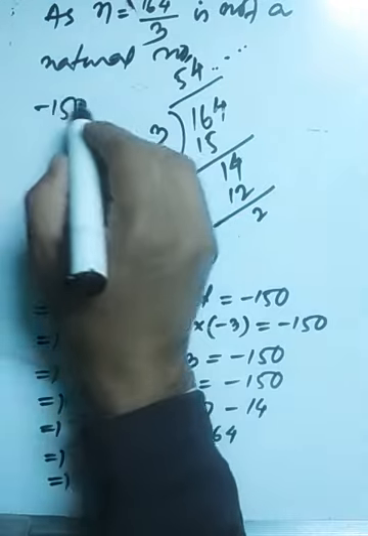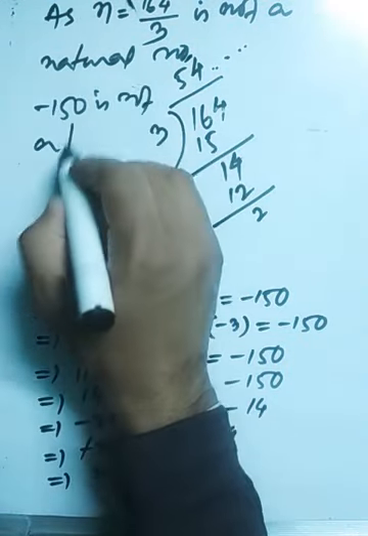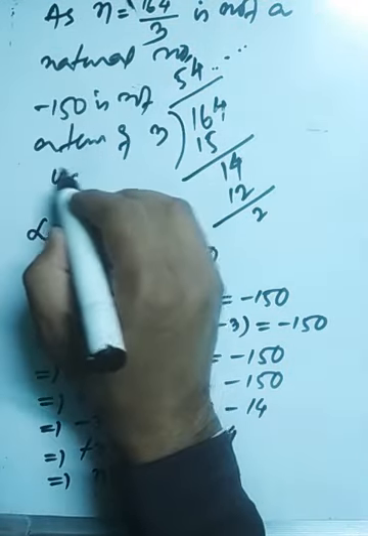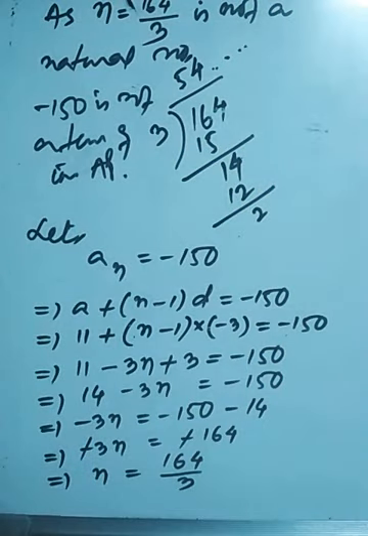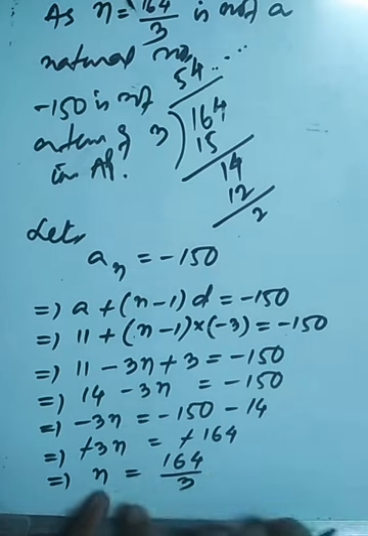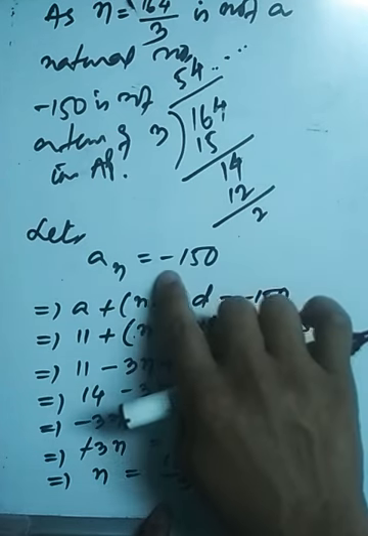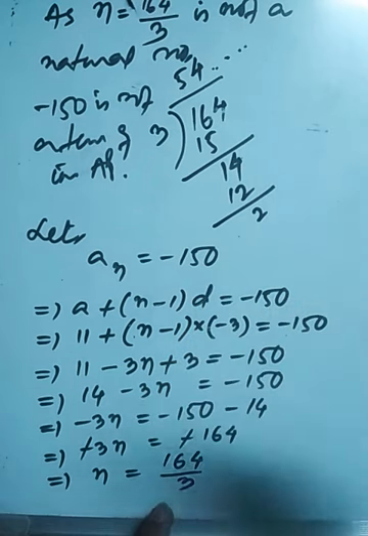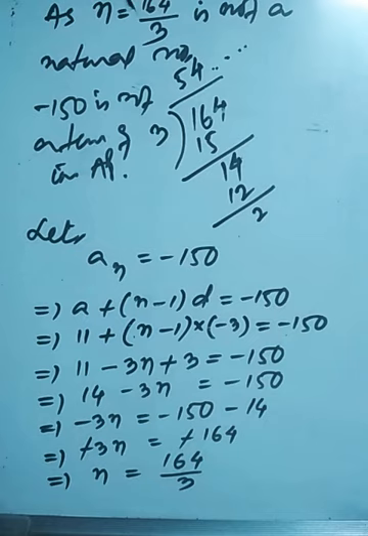This minus 150 is not a term of the AP. So what we want to conclude is the value of n should always be a natural number, then only that will be a term. So here we are not getting the value of n as a natural number. Because of that, this minus 150 cannot be a term of the AP. So we'll be moving to the next question.